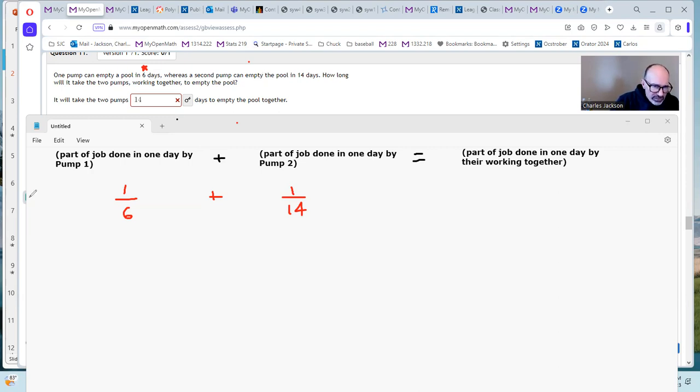So all of this is how we define X. And so the part of the job done in 1 day by their working together is 1/X. If together they can do the job in X days, then working together, they can do 1/X of the job in 1 day.